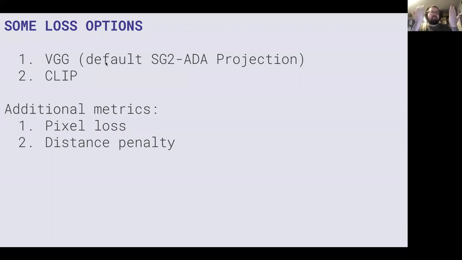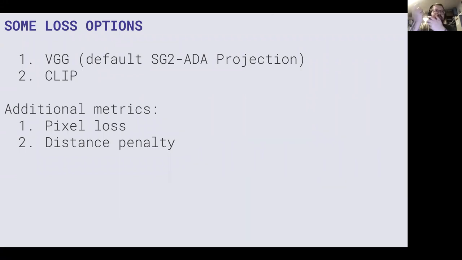This is almost the LPIPS model we looked at. LPIPS actually uses VGG as well with a little bit of extra stuff. Essentially, VGG is just a way to compare two images. If you compare two images and get a score back, you can give that to the model and say, here's the score you got, update where you're going and how you're updating. We'll look at VGG today, which is what the default projector uses. And in the latter half of class, we'll look at CLIP.